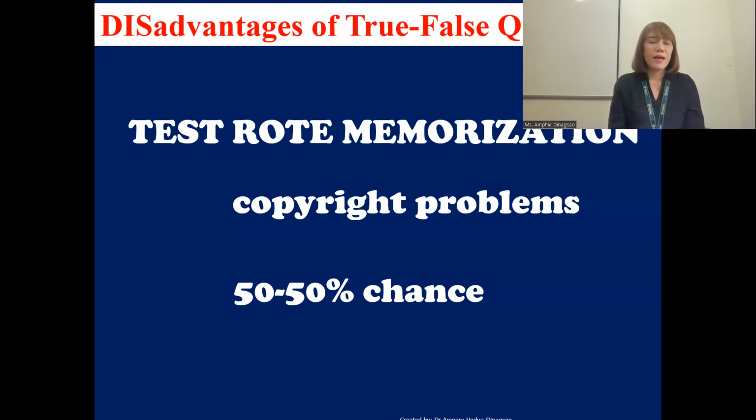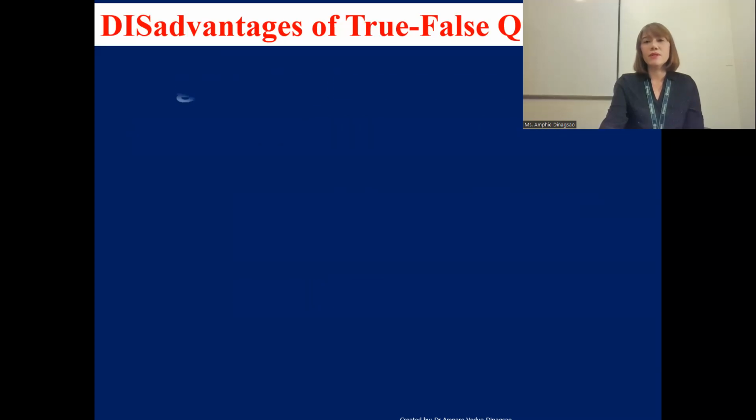And if they wrote true and it is correct, there's really that misleading interpretation from us when we are looking at the assessment, that we may think they get it right, but it's possible that they just chose true, something like that. So that's one of the issues for giving true or false questions.